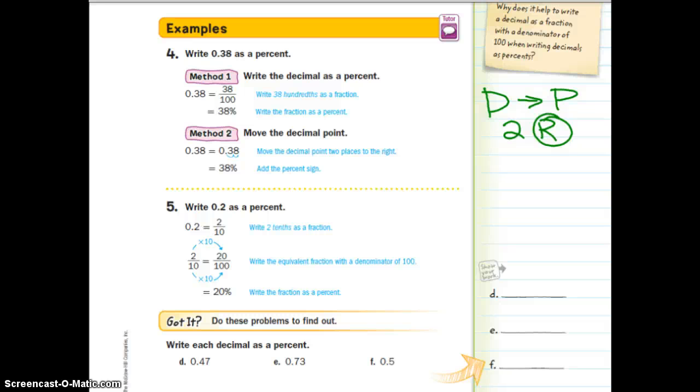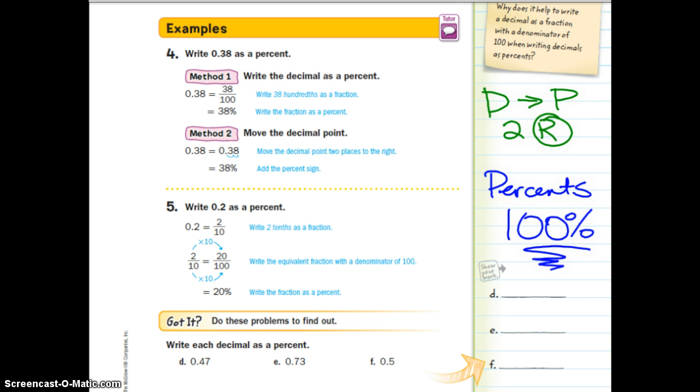In other words, whatever you have over 100, remember, percents are always based on 100. Remember I told you this last time. That's something very important to remember. So again, once it's over 100, you know it's a percent. So, method 1 is through the fraction. Method 2 is 2 bunny hops to the right.